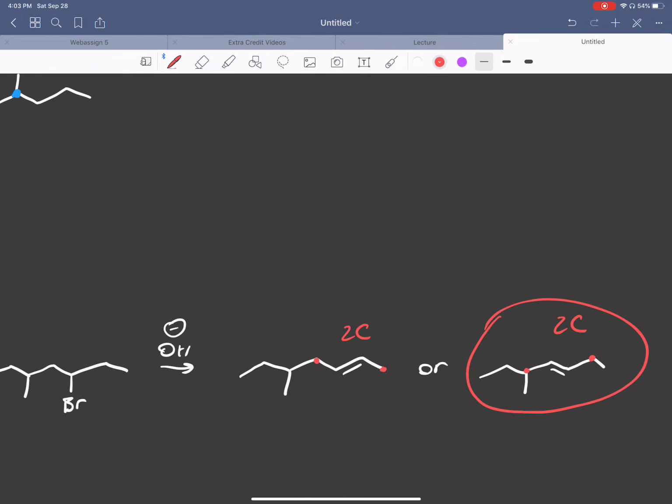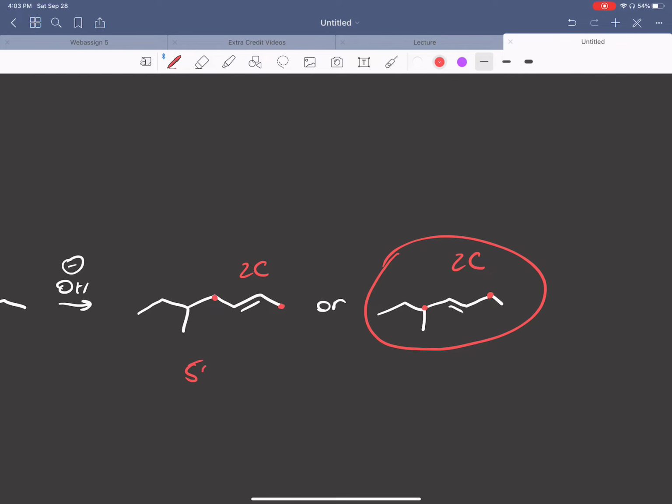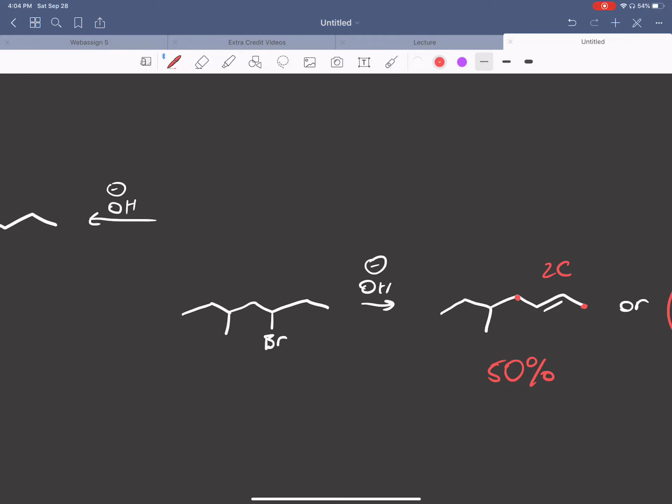You can see that both of the double bonds that we form are equally substituted. So we can get this 50% of the time, and we can get this 50% of the time, right? We want this one 100% of the time. But because the double bonds that we can form are equally substituted, we're not going to get it 100% of the time. Which means that the Br position that we put is also not good.